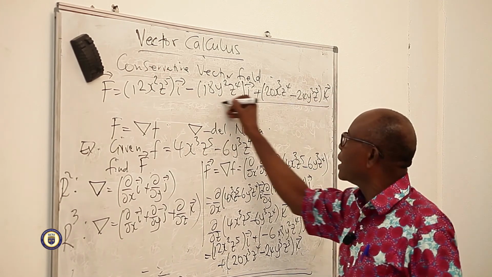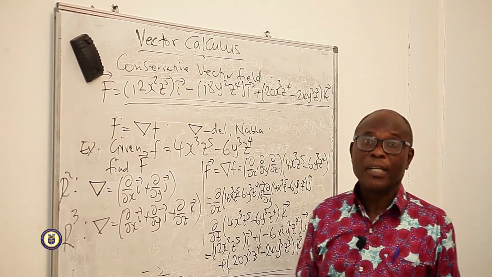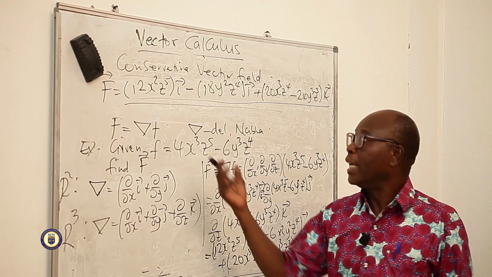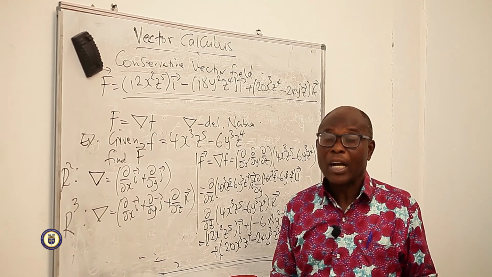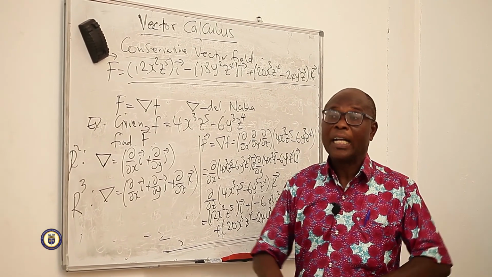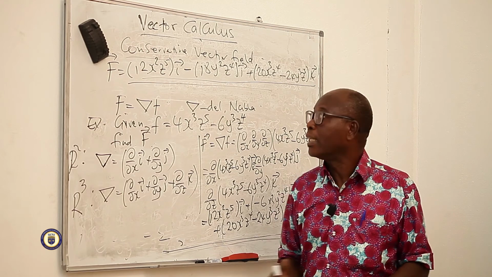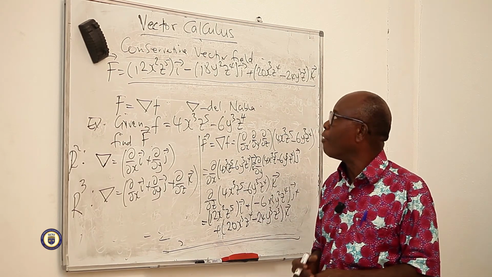So that is how we generate a conservative vector field from a given potential function, which means that all conservative vector fields are generated from potential functions.